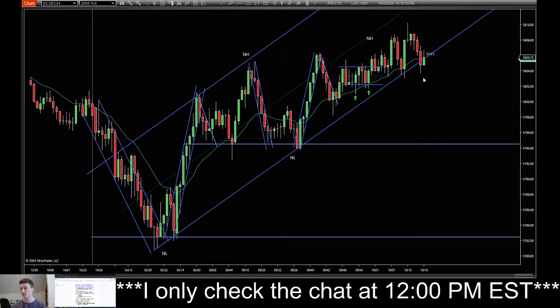And I would consider taking a second entry long here, because even after you had the break to a new high here, prices still continued to push up off the EMA and continue higher.